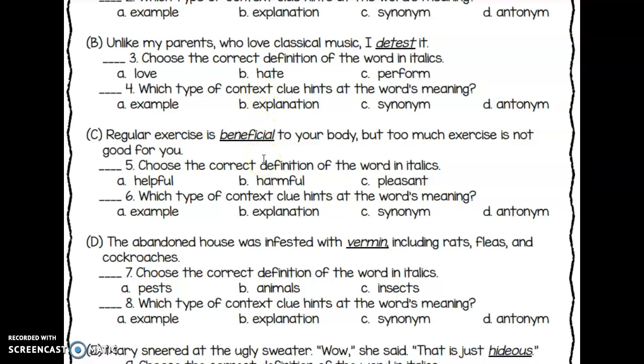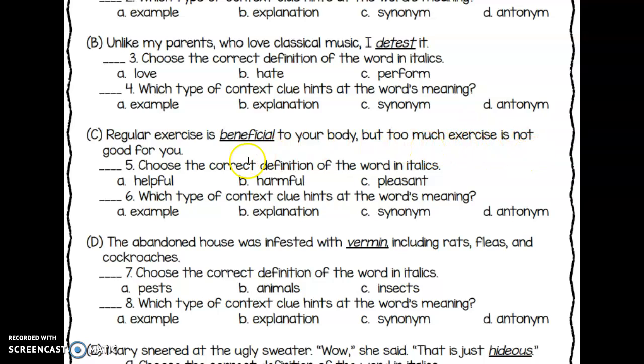Number 3, or C or 3. Regular exercise is beneficial to your body, but too much exercise is not good for you. So what does the word beneficial mean? A, helpful. Regular exercise is helpful to your body, but too much exercise is not good for you.